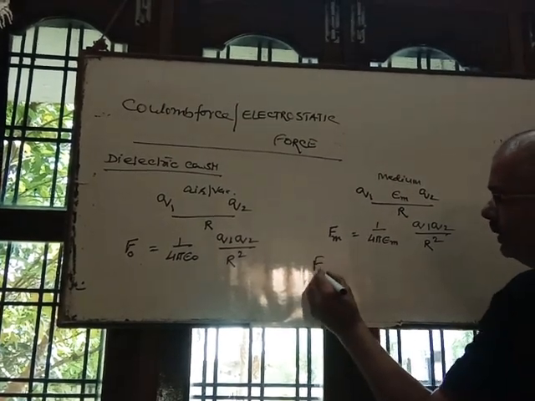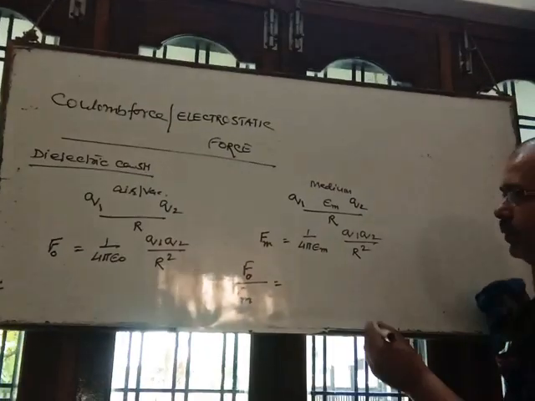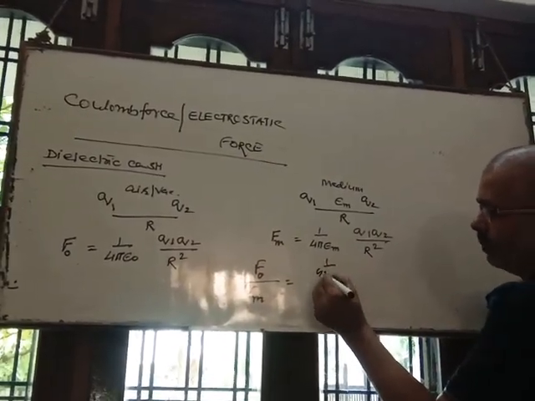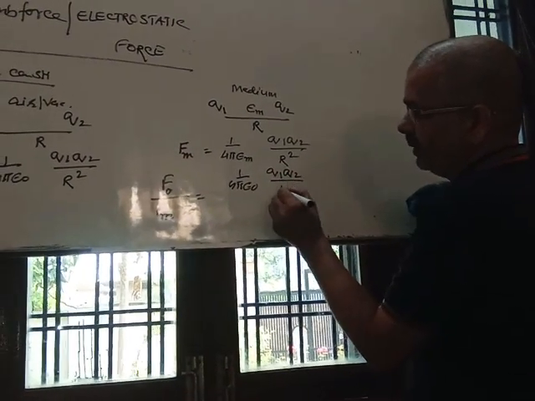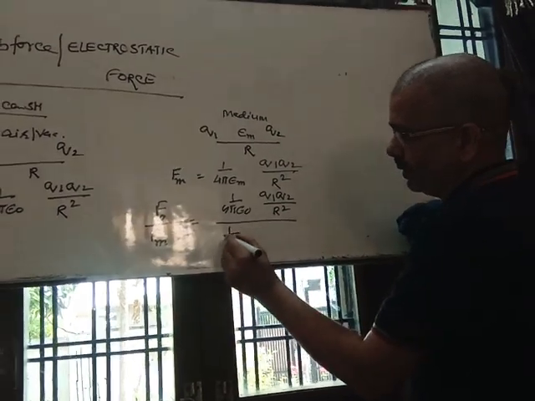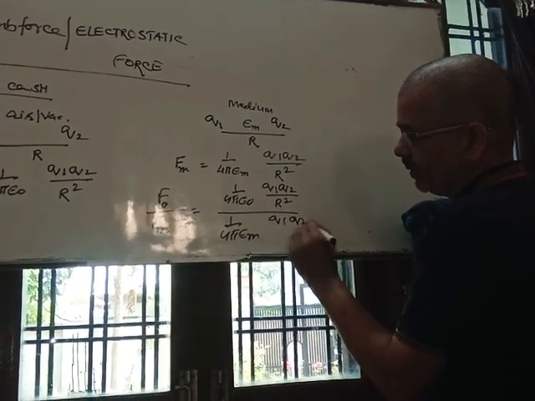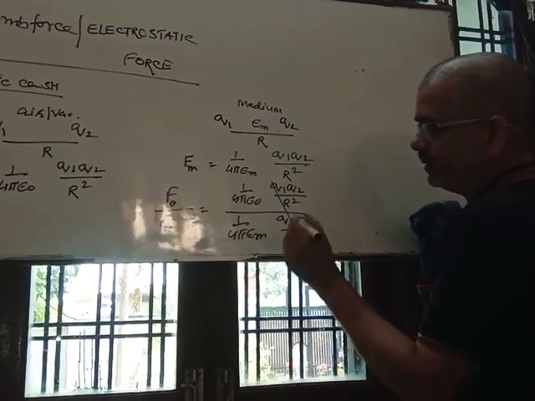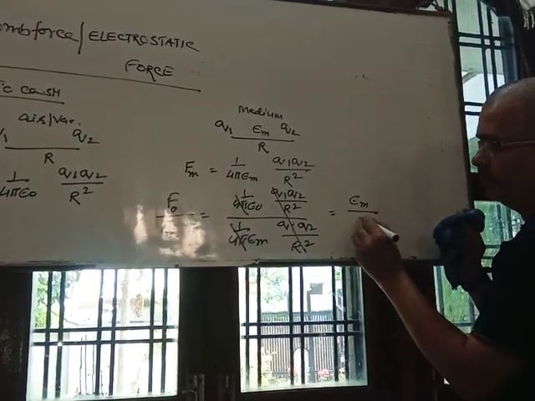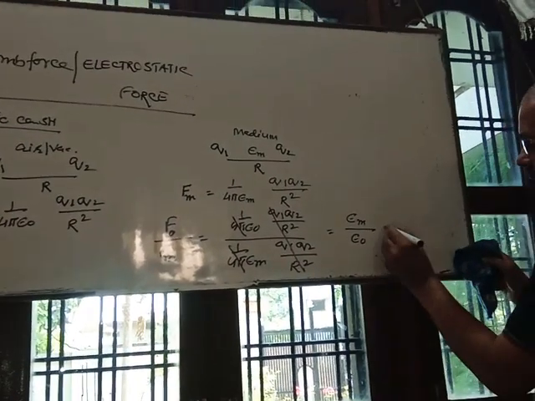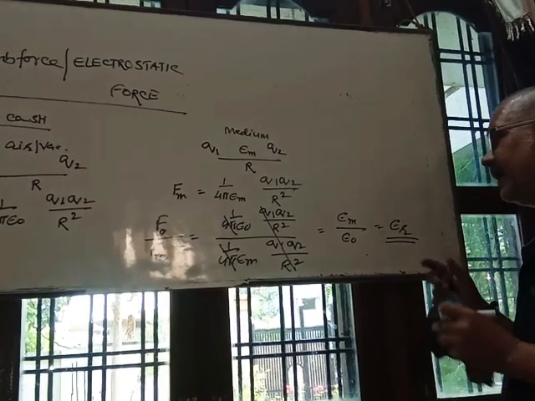Then F naught by Fm is equal to 1 upon 4 pi epsilon 0 Q1 Q2 by r square upon 1 upon 4 pi epsilon m Q1 Q2 by r square. 4 pi gets cancelled, and you get epsilon m by epsilon 0, which is called epsilon r, that is relative permittivity or dielectric constant.